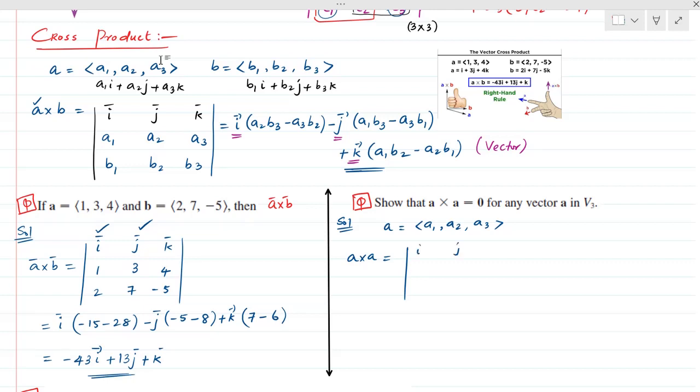So i, j, k, and here we will have the components A1, A2, A3, the same components because we have the same vector.